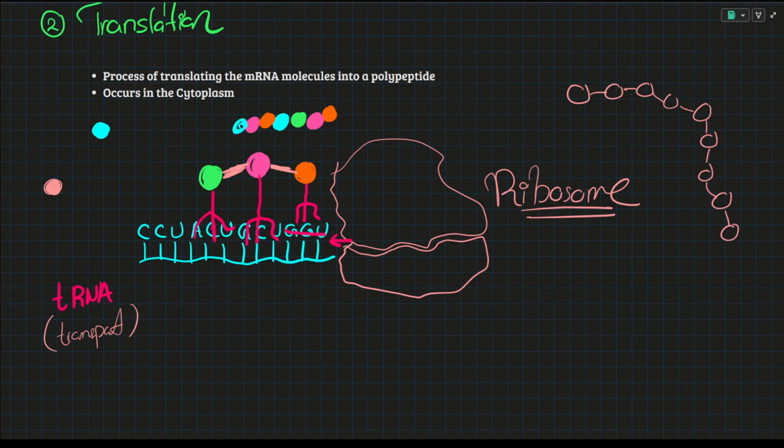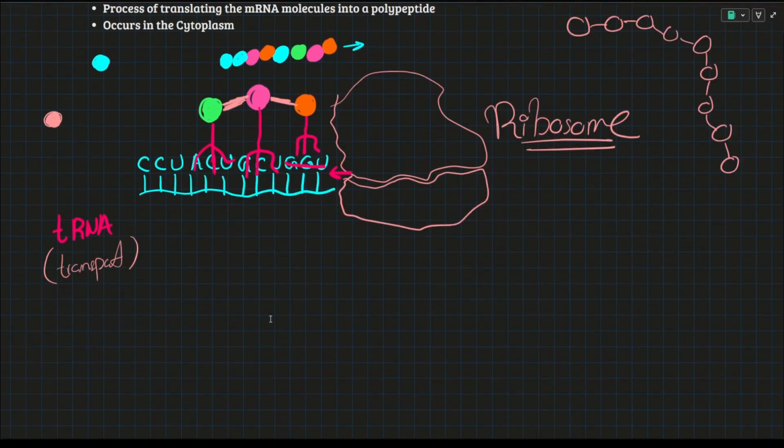Like so, and we're going to have a growing chain of amino acids, which can produce a polypeptide chain, and that is going to fold into a 3D structure, which is known as a protein. Now that was a lot of information, but I wanted to outline that as a diagram.